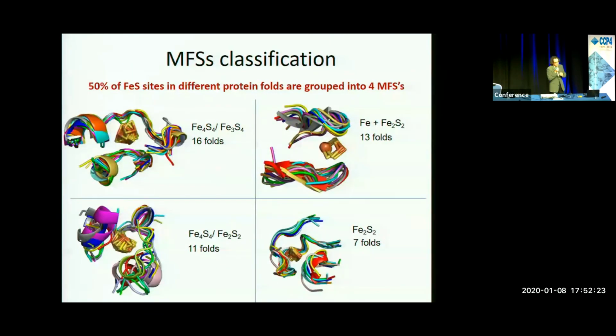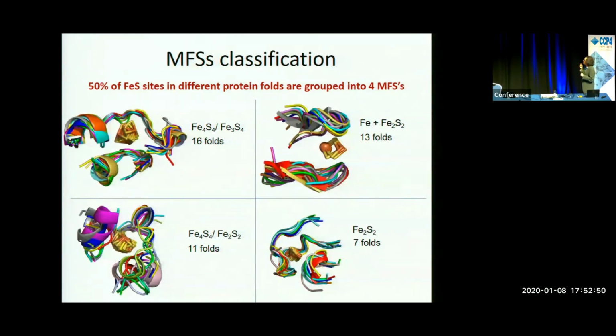And another application is, as I mentioned, we can look at sites independently of the folds. So this is an analysis of iron sulfur binding proteins. Iron sulfur clusters are small clusters made up by 1 to 4 iron ions bound to cysteines or histidines and sulfide ions.